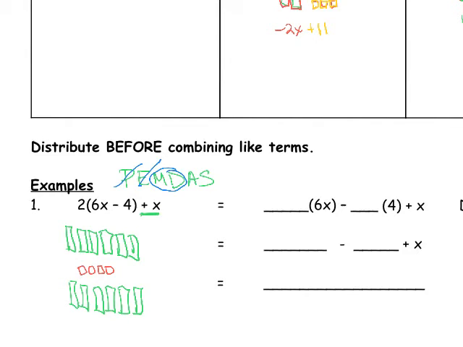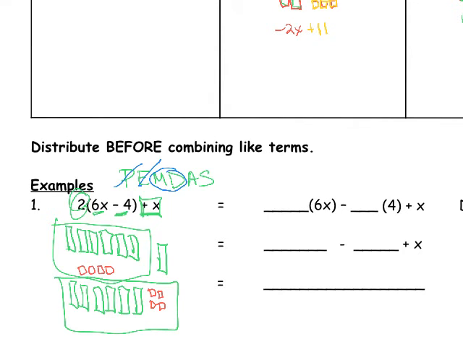So as you're seeing, drawing algebra tiles can be very tedious, but they're good visual. Now, the other thing we have to add in is 1 more plus x. Okay? So this is 6x minus 4 2 times. There's 6x minus 4 and 6x minus 4 2 times. And plus 1 more x.